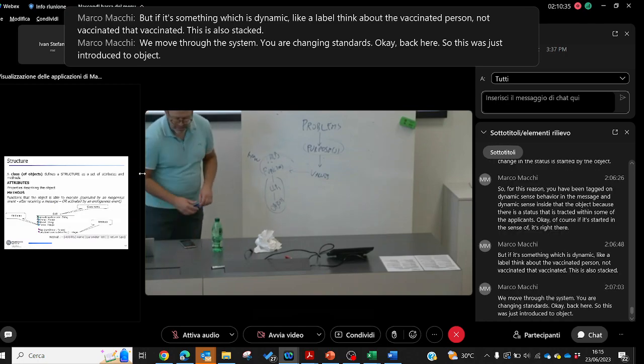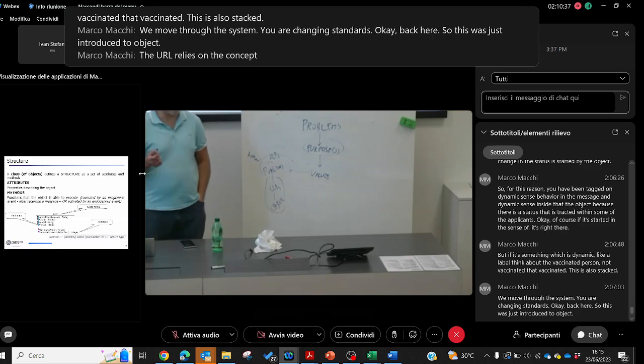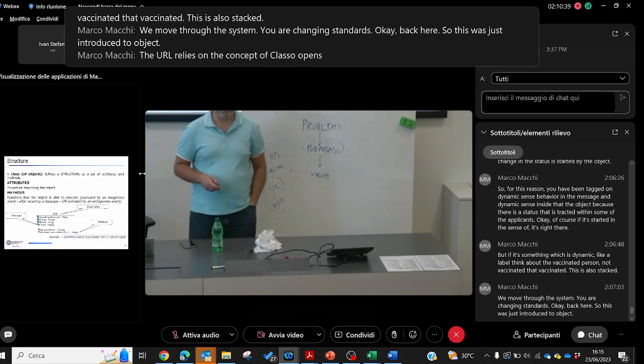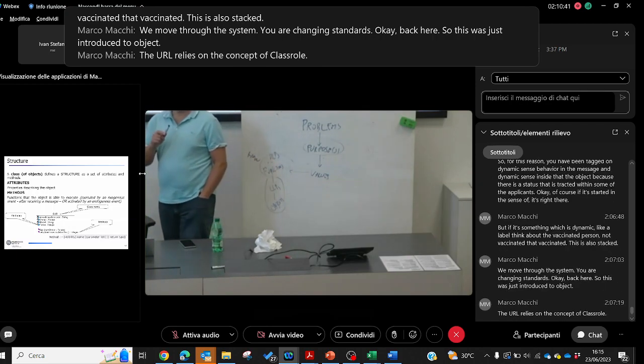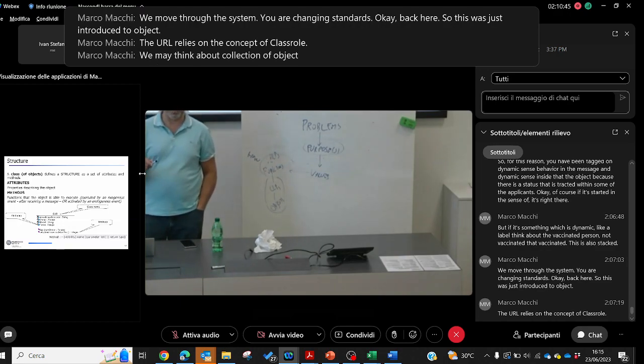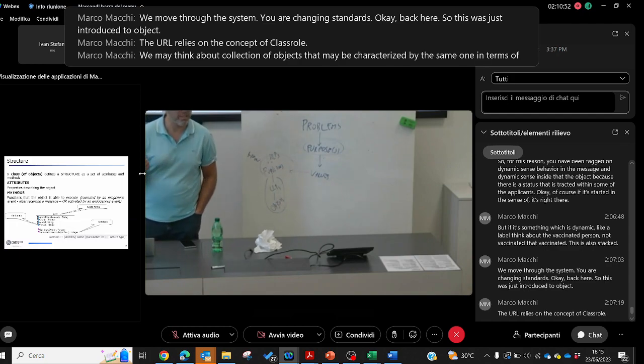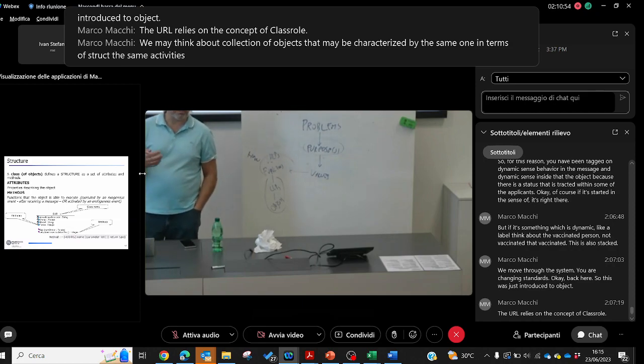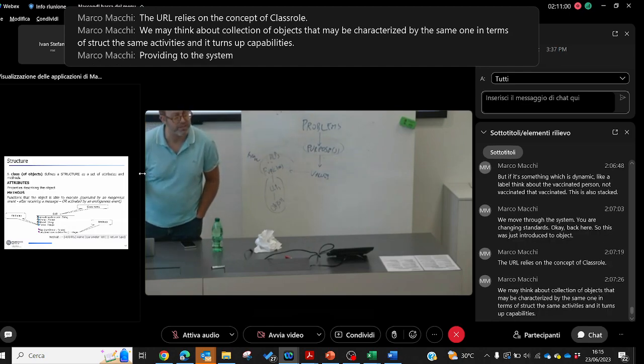UML relies on the concept of class of objects. What does that mean? We may think about a collection of objects that may be characterized by the same structure, the same attribute list, and in terms of capabilities provided to the system, the same methods.